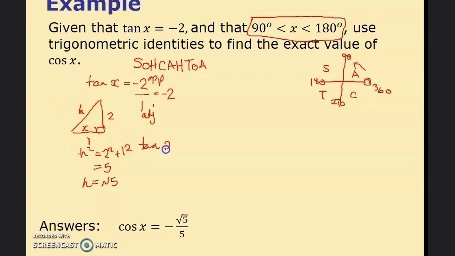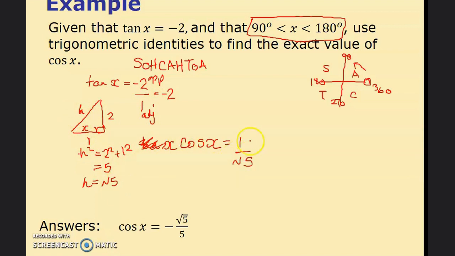Actually, I didn't want tan x, I wanted cos x. So cos x is equal to the adjacent over the hypotenuse. The adjacent is 1, based on my triangle, and my hypotenuse is root 5.